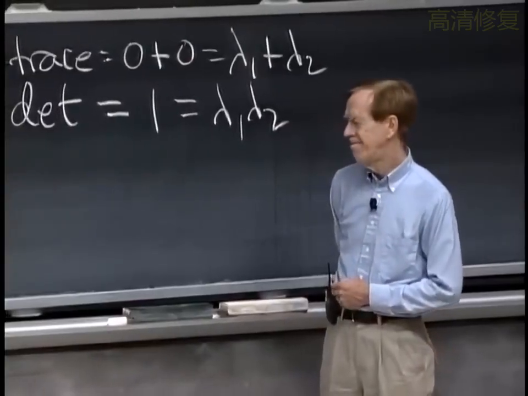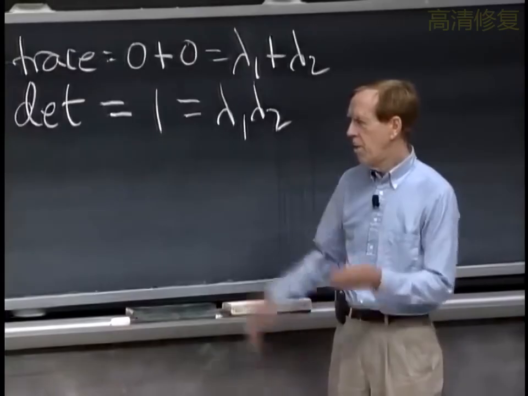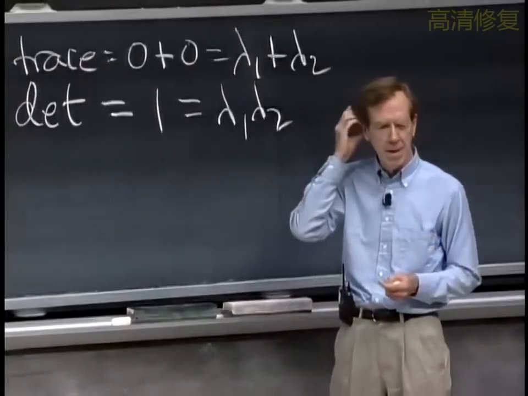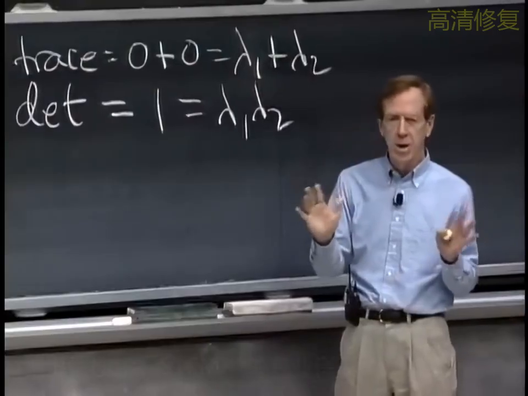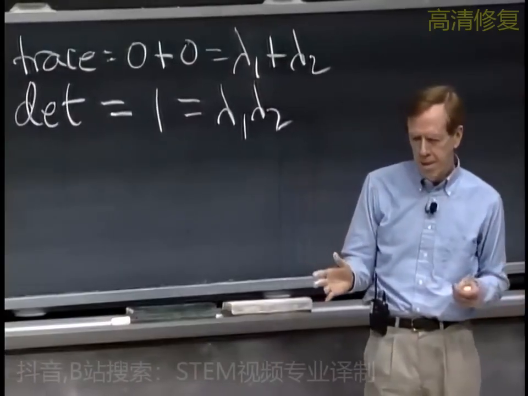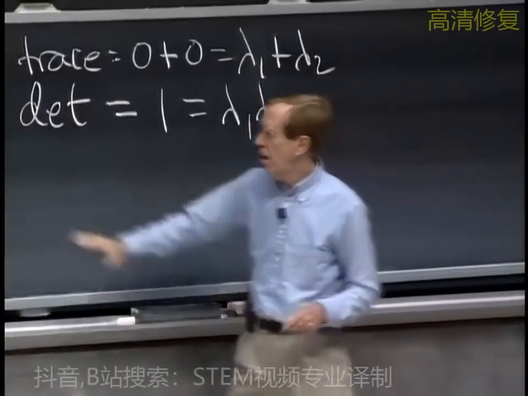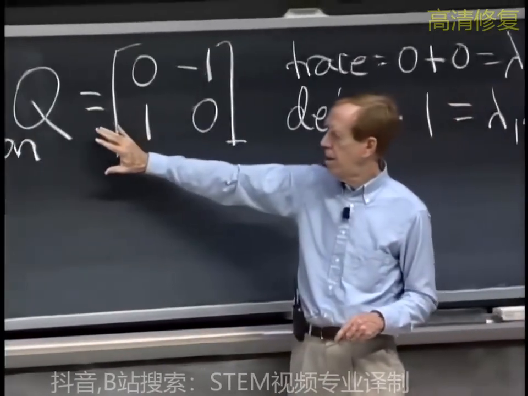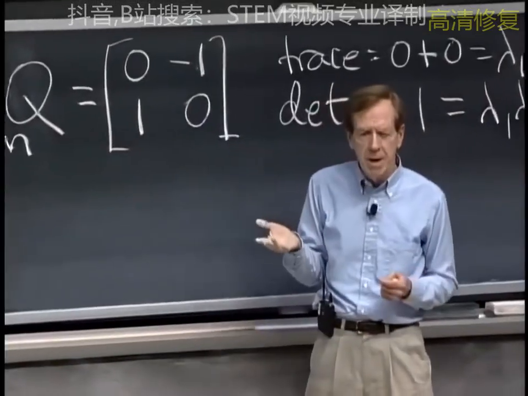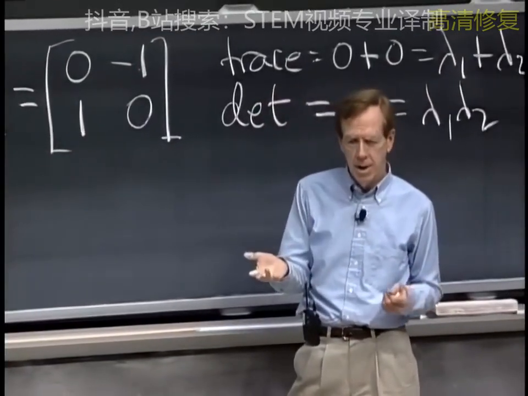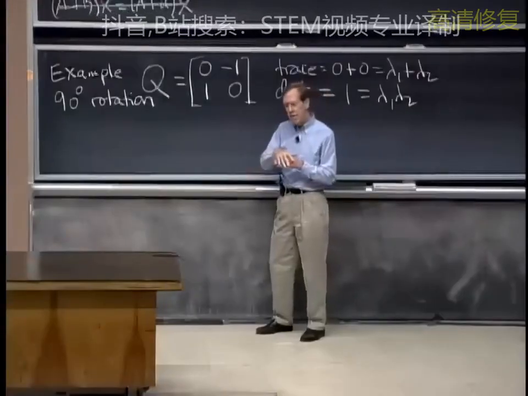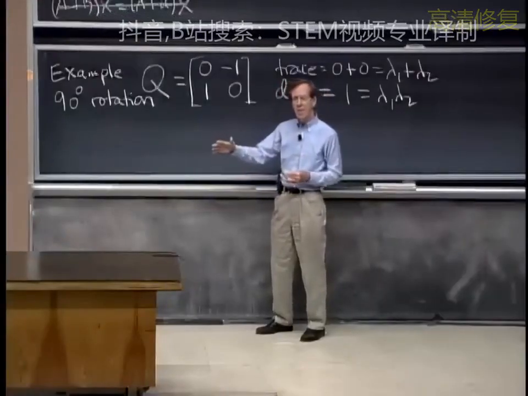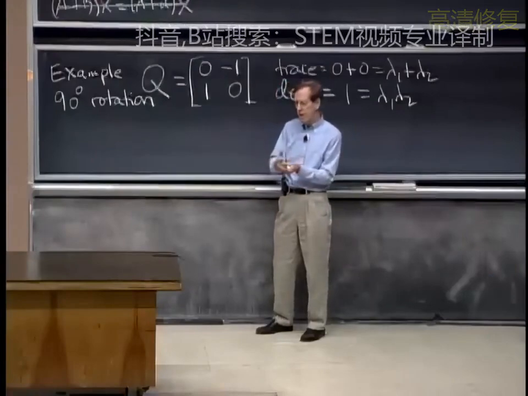Okay. What I'm leading up to with this example is that something's going to go wrong for a rotation, because what vector can come out parallel to itself after a rotation?